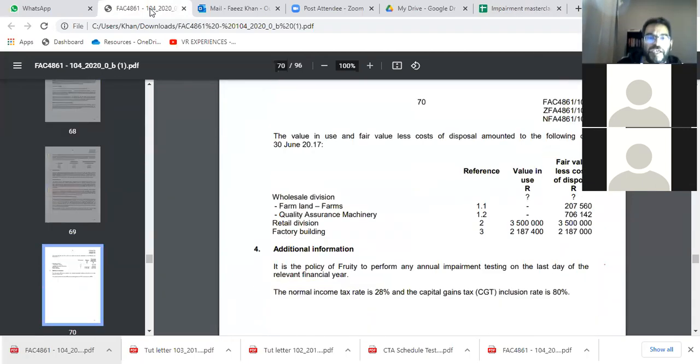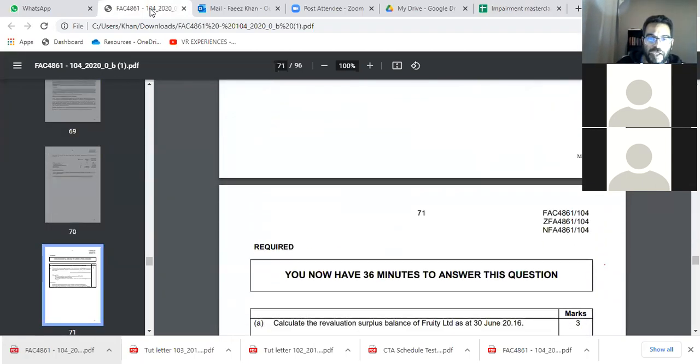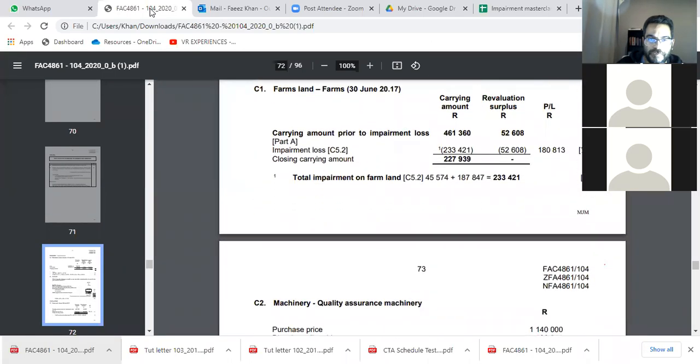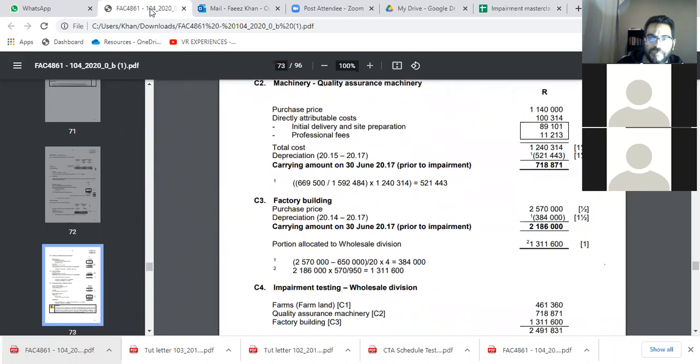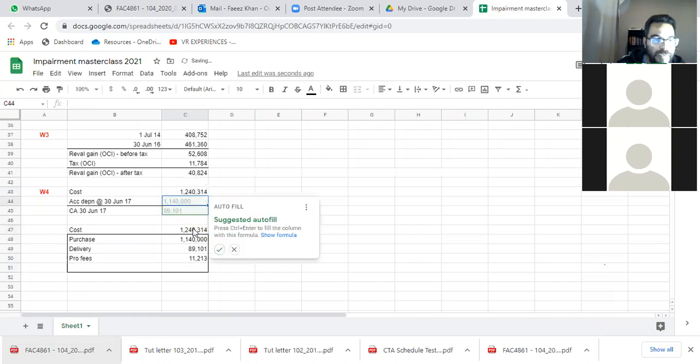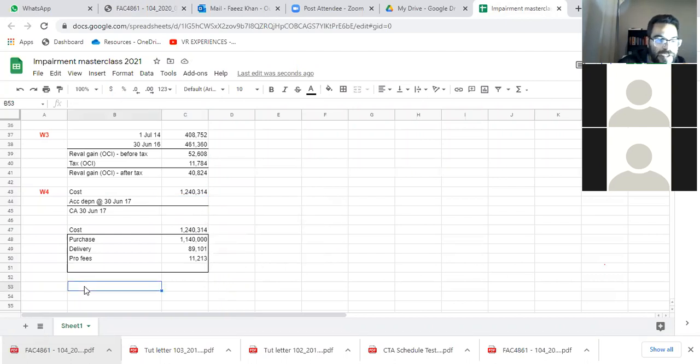Now we must work out accumulated depreciation. So there was a residual value, right?